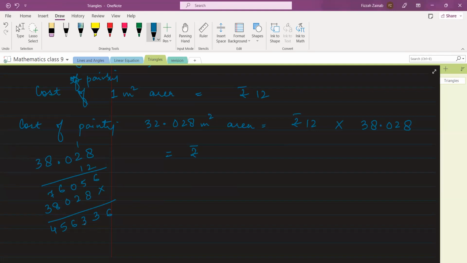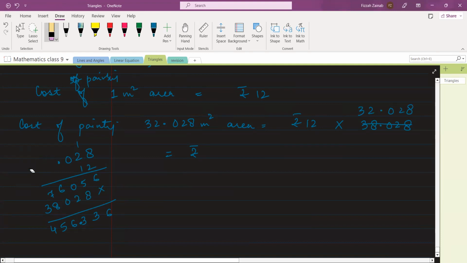So I'm getting rupees 456. No, I think some mistake I have done in this multiplication. Oh, sorry, this is not 38. I have written wrong. This is 32.028. Isn't it, Jaslyn? Now let's do the multiplication again.